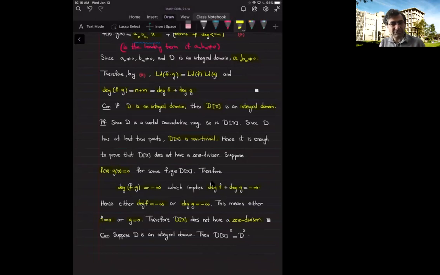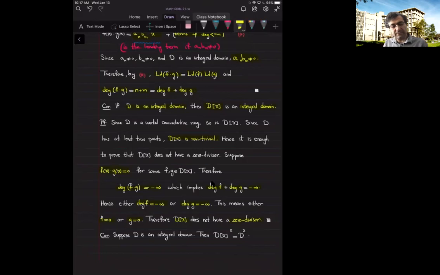Let's see more applications of this simple equation: the degree of a product is the summation of degrees. The application is to understand what the units of the ring of polynomials with coefficients inside D are. In fact, you've seen a similar question previously, that if I look at polynomials with coefficients inside Q, then the group of units consists of the units of Q, the non-zero constant polynomials.